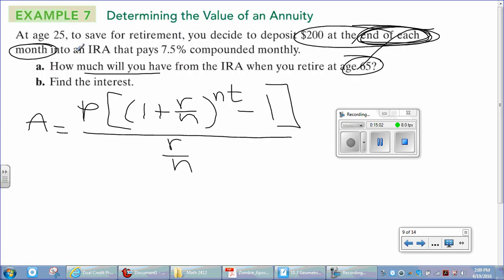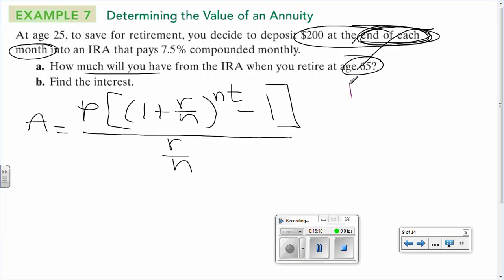Alright guys, let's just establish what each number represents. The principal, or what's going to be going in, is 200. Let's call it the payment. Then we have the rate, which is 7.5%. We have to convert it to a decimal, so it will be 0.075.